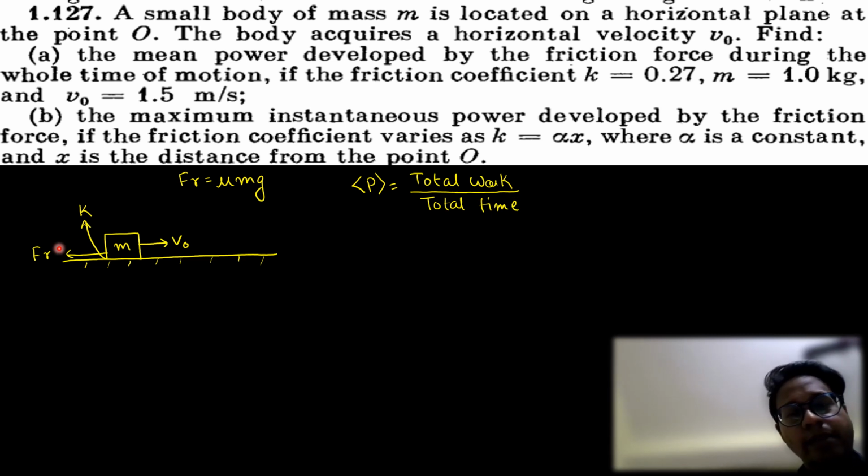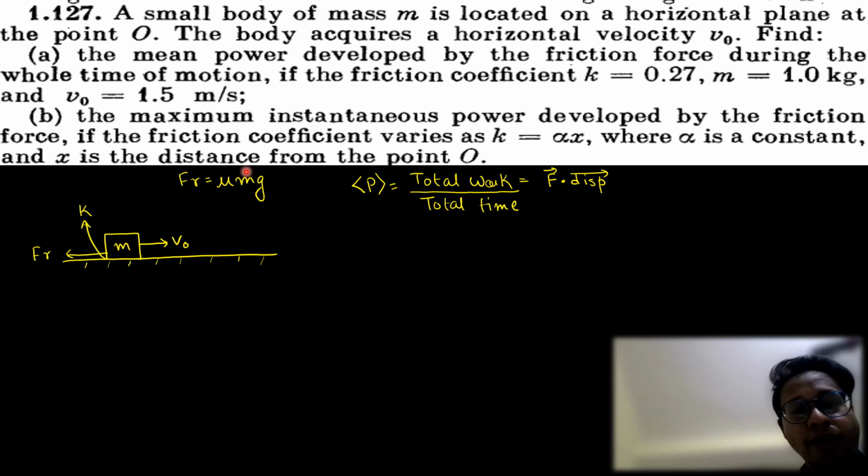So how do I find the total work done? I have found the friction force. Work done is the dot product of force and displacement. I know the value of friction force. How do I find the displacement?